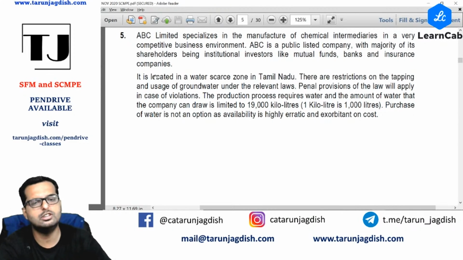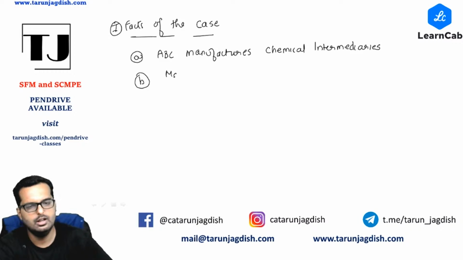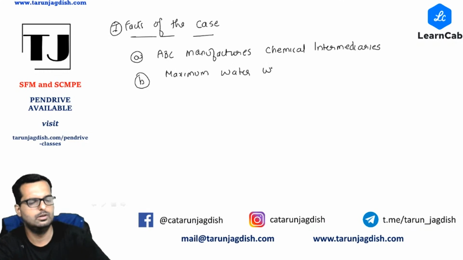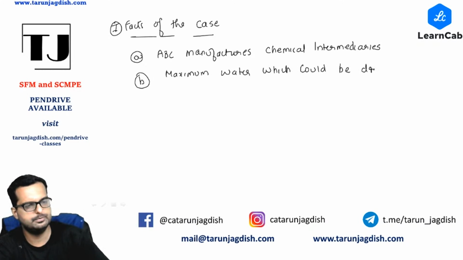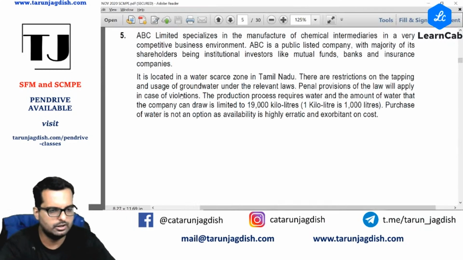There are restrictions in tapping underground water. Penal provision will apply in case of violation. The production process requires water and the amount of water that can be drawn is limited to 19,000 kiloliters. Maximum water which could be drawn is equal to 19,000 kiloliters.